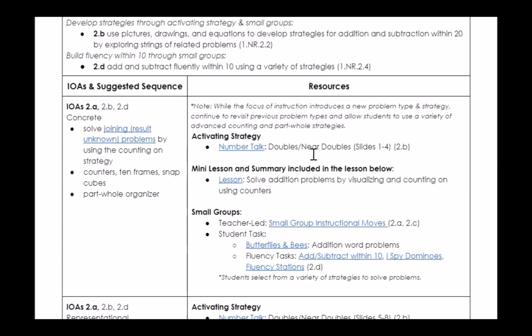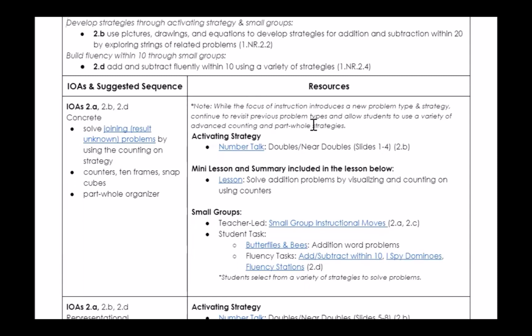I also want you to take note of the top of the pacing guide right here. It says that, take notice that the first days of instruction, we're going to be introducing a new problem type and strategy, but we're going to continue to revisit previous problem types and allow students to use a variety of advanced counting and part-whole strategies throughout the unit.